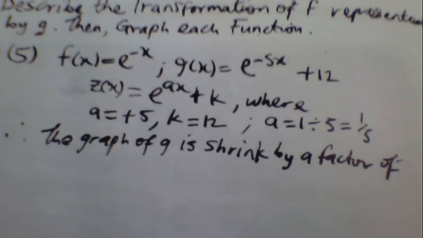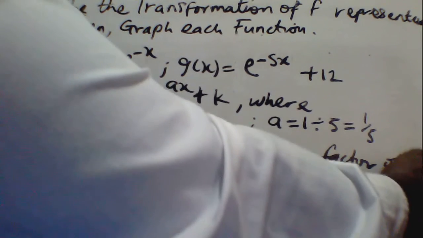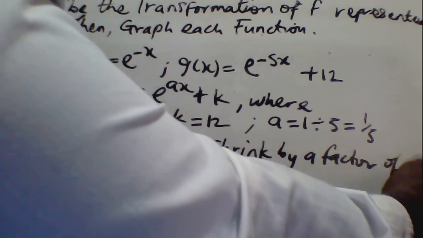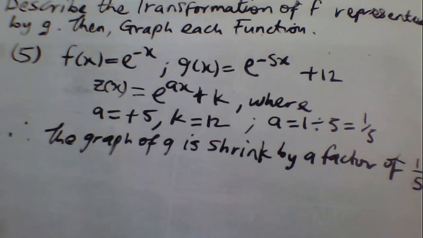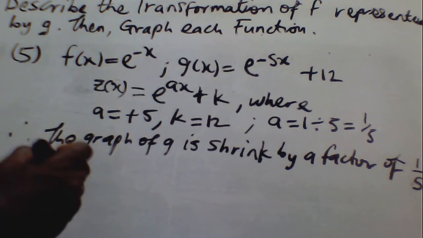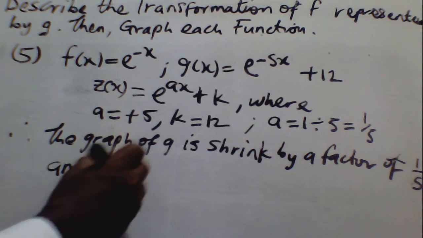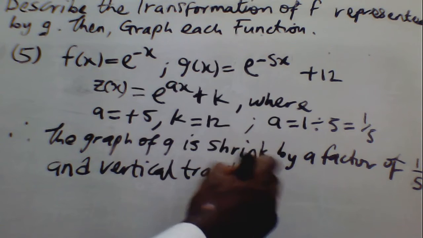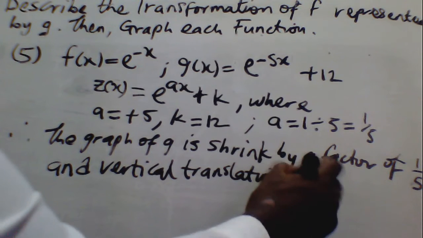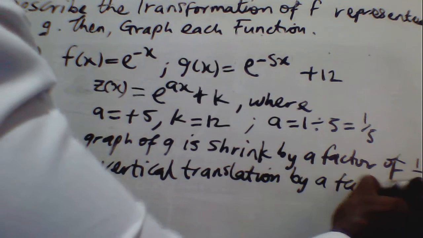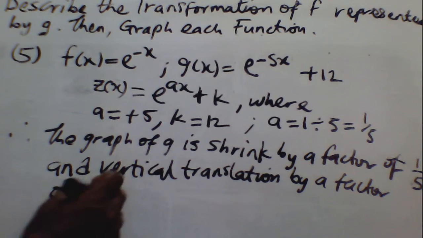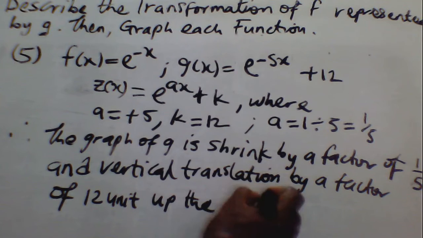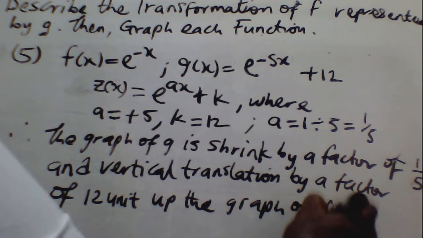So it's horizontal shrink by a factor of 1 over 5. So you write 1 over 5. Horizontal shrink by a factor of 1 over 5 and a vertical translation by a factor of 12 units of the graph of f.